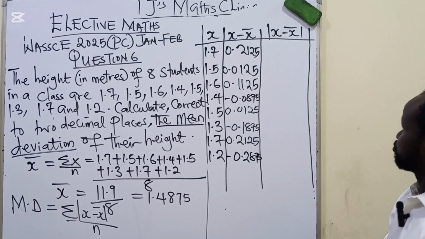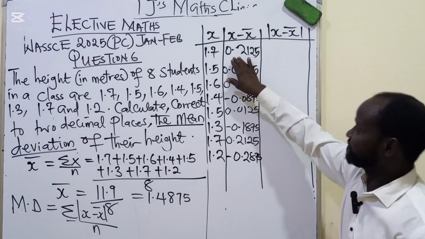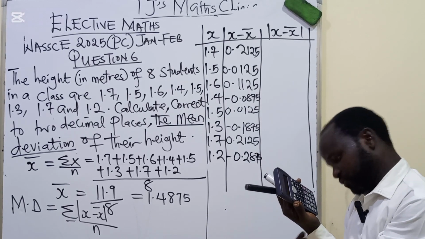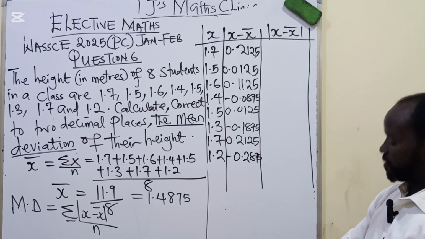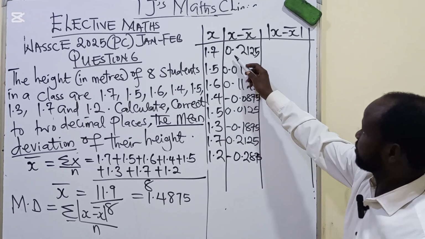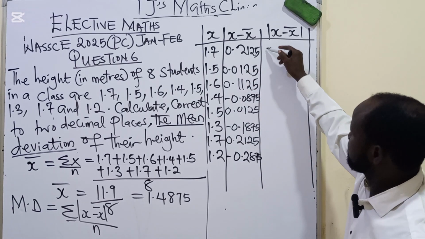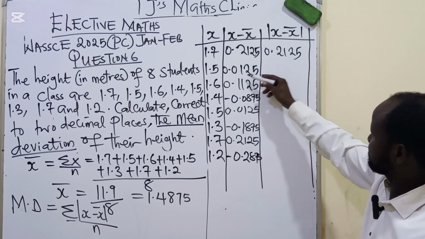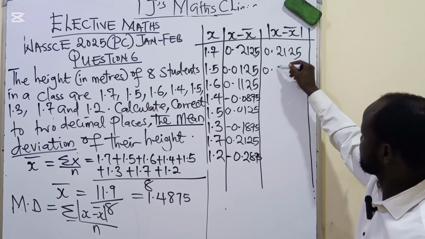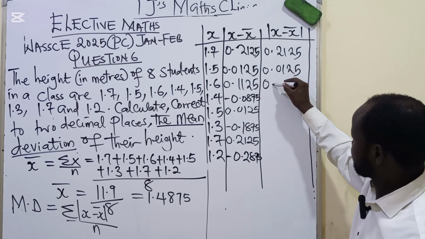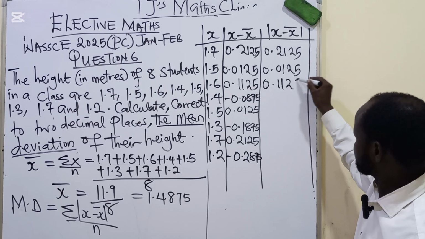The next thing for us to do is to take the absolute value of these numbers. When we take the absolute value, a positive number remains the same. The absolute value of 0.2125 remains 0.2125. Next, 0.0125 remains the same, and 0.1125.